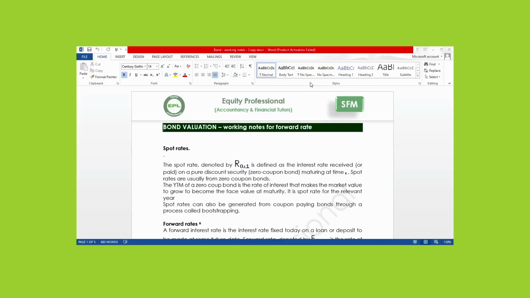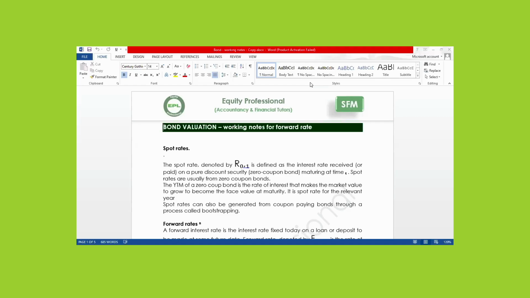In calculating the price of a bond, the first thing to do is to ask what type of bond I am required to value. You may be required to value a corporate bond or a government bond.